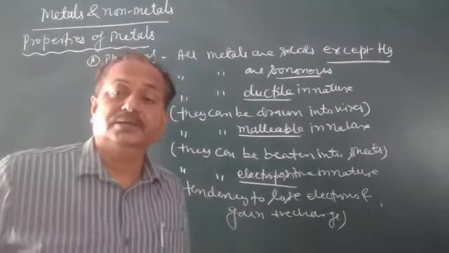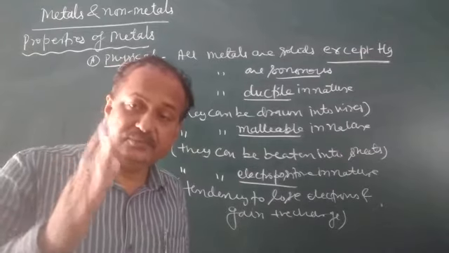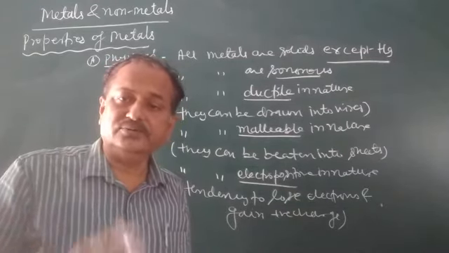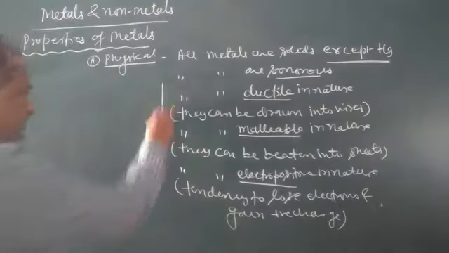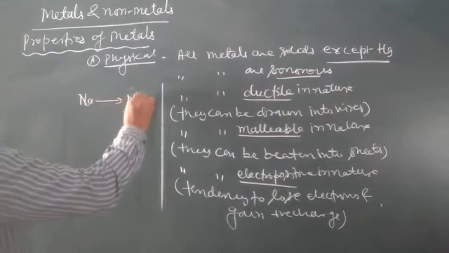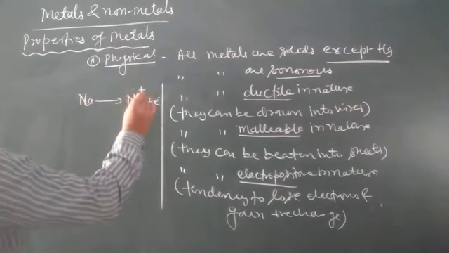They form cations. But this formation of cations depends on the number of valence electrons. Like here, if we see sodium, sodium loses an electron and there is formation of a sodium ion.